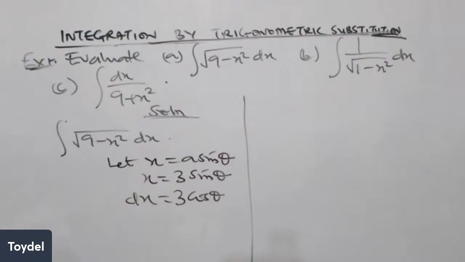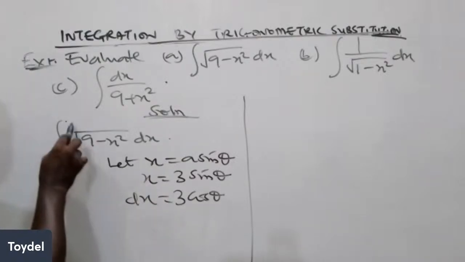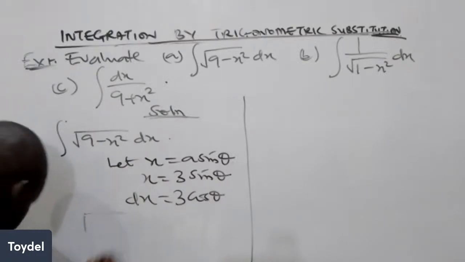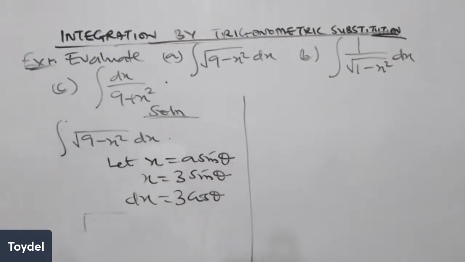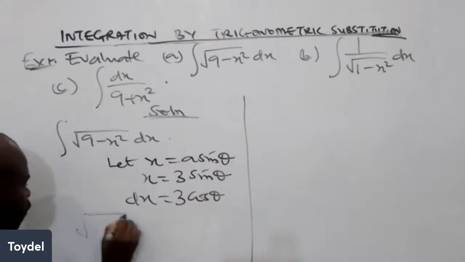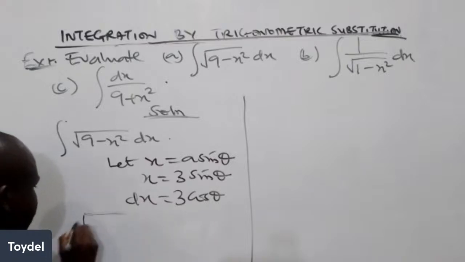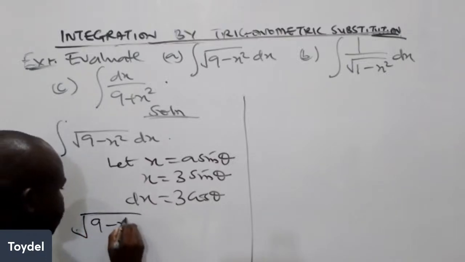Then I can go back and rewrite what I'm given here. I have the square root of 9 minus x squared.